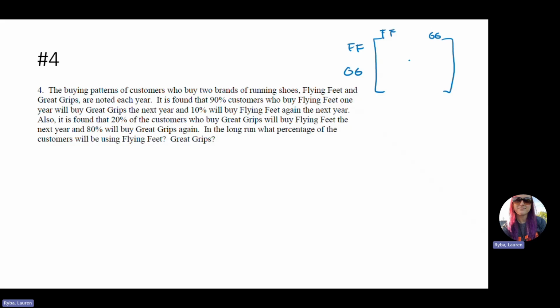Ooh, that doesn't look so good. 90% left to go to the other company. Only 10% stayed loyal. So that should be a giveaway right away that your Flying Feet is going to have overall a lower percentage than Good Grips, especially when I read this next part here.